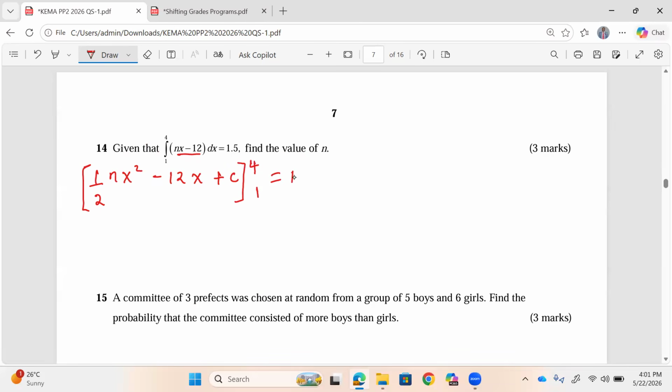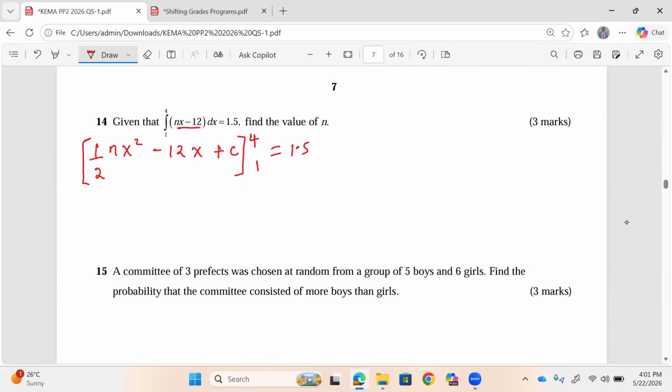After this definite integral, we're supposed to get 1.5. Now with this, we can substitute 4 first. When 4 is substituted in the place of x, half times n times 4 squared. 4 squared is 16, so that becomes 8n minus 12 into 4. 12 times 4 is 48, right?